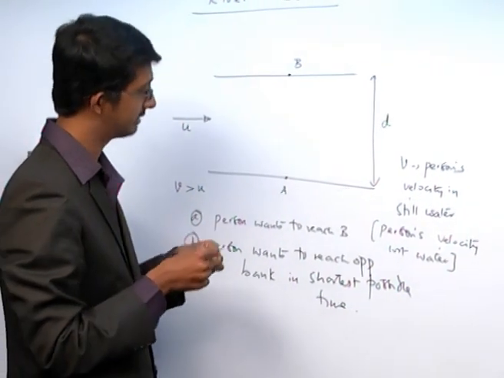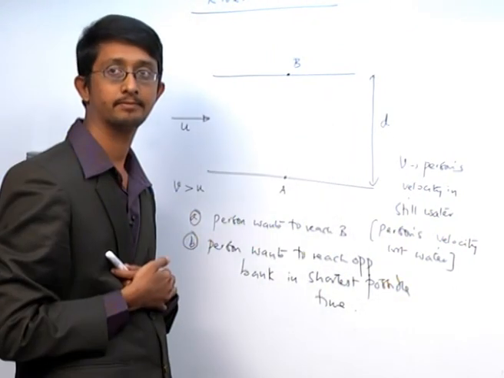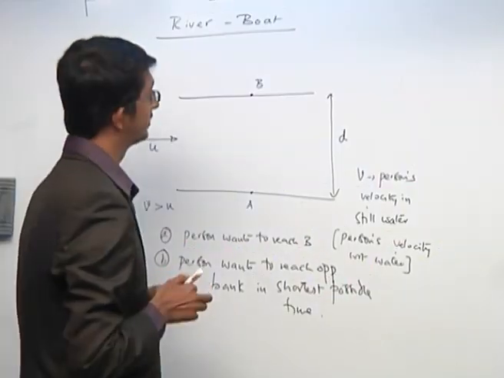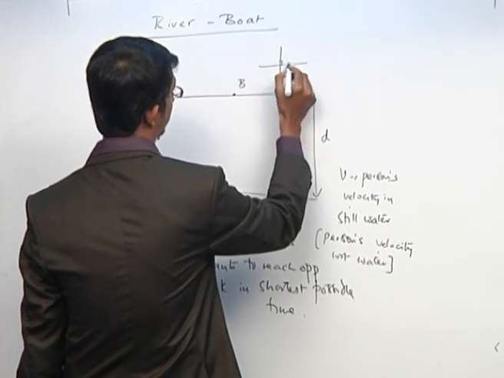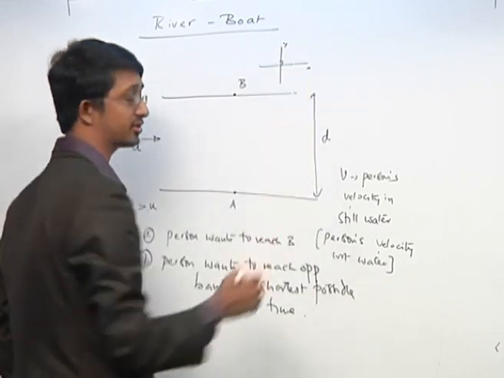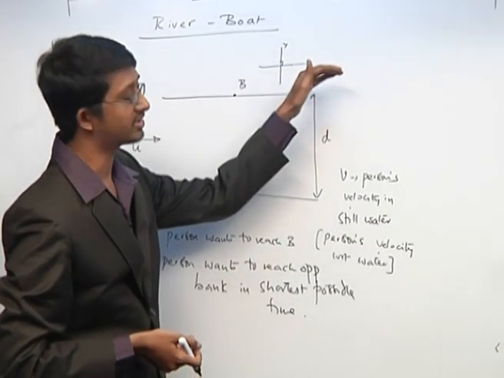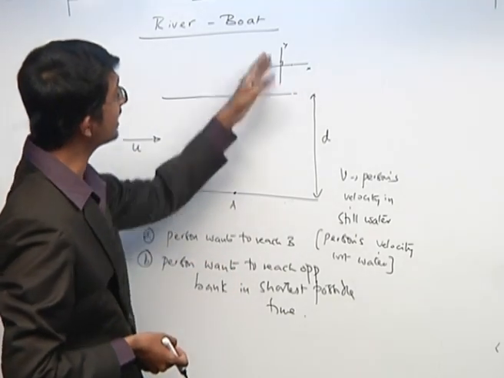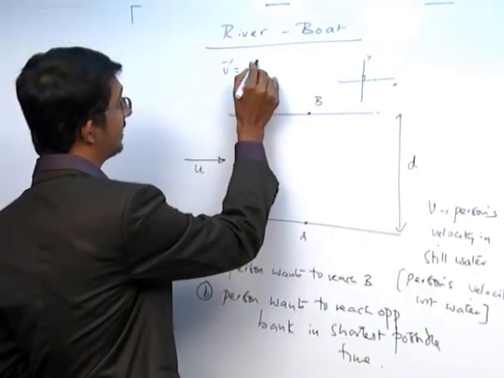How can he do that? If he starts swimming in this direction, the river will push him to the right. So he cannot reach. There is one very nice concept here. If there are two perpendicular directions, one I call the x direction and one the y direction, then you can separately apply kinematics in the x direction and in the y direction. For instance, you have the equation v equals u plus at.